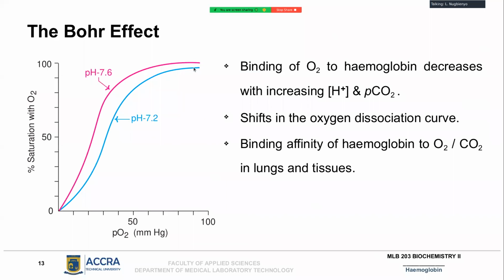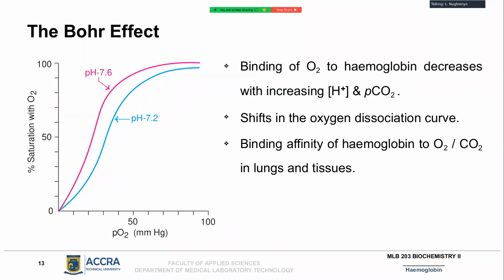If this is occurring in the tissues, where the acidity is increasing, you will have the saturation of hemoglobin shifting to the right, meaning that it will take a longer time for hemoglobin to get saturated with oxygen.